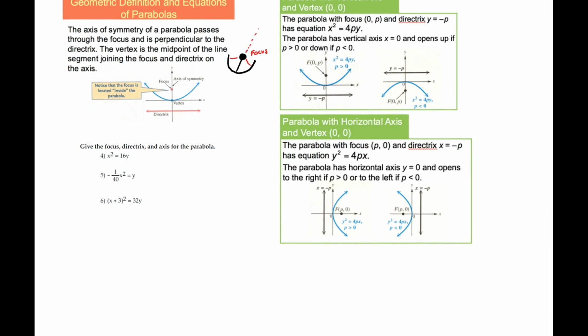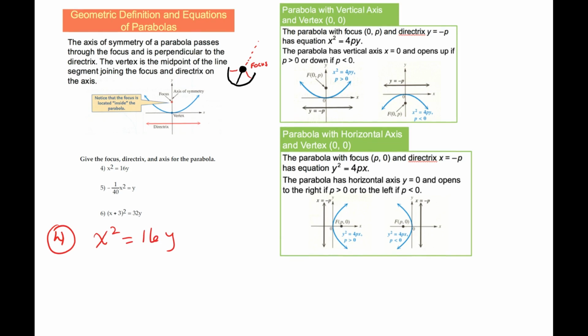So we're going to take a look at the first example, listed here as number 4, and I'm going to write it right here: x squared equals 16y. This tells me, first of all, that I've got a parabola with a vertical axis because it's in terms of x squared. So I'm going to be looking at this diagram.